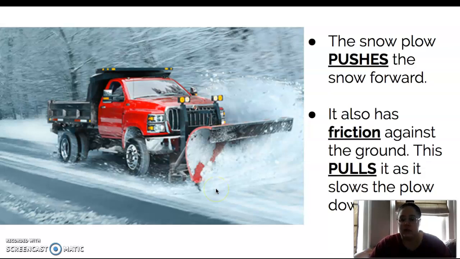This causes friction and it slows that plow down a little bit. So that friction is pushing up against the plow and it slows it down a bit, which means it has to work harder to push forward. So this is an example of both pushes and pulls. We've got the snow plow pushing forward, but we've got the friction pulling as it slows the plow down. All right.